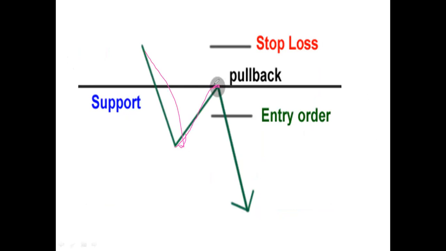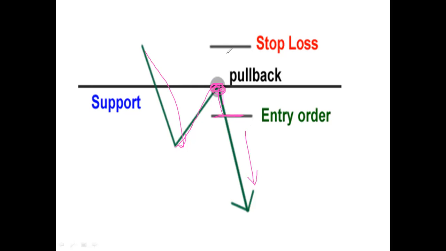You need to wait for the support line to be tested. Once there is a test on this support line and it is not able to break up and continue upwards, but you see a rejection coming back downwards, then maybe after a candle or two, you can then enter your sell.